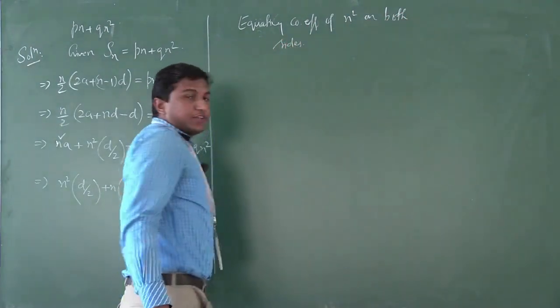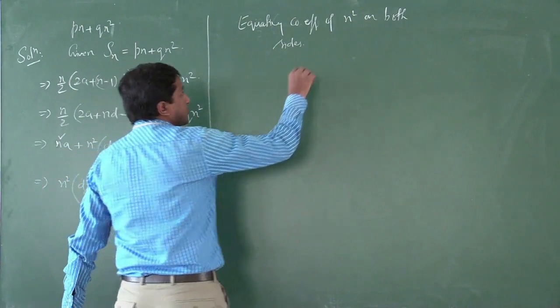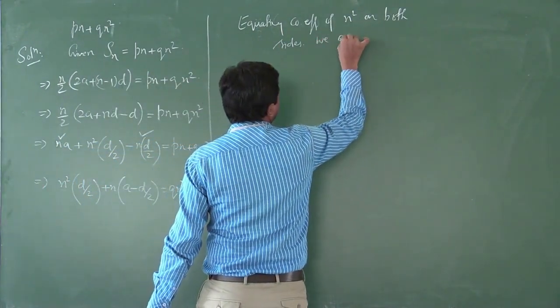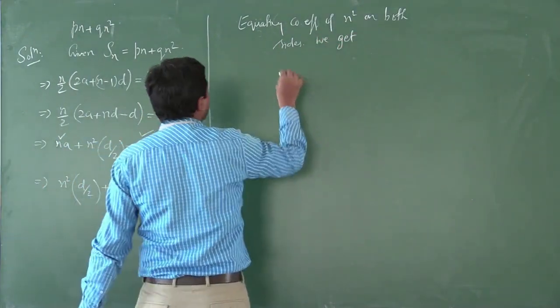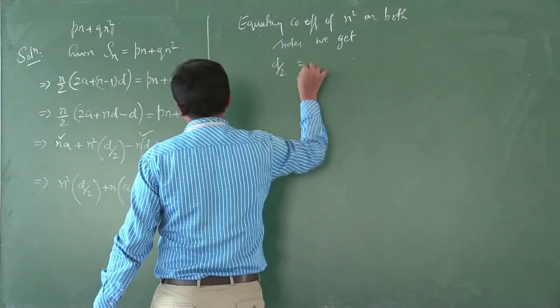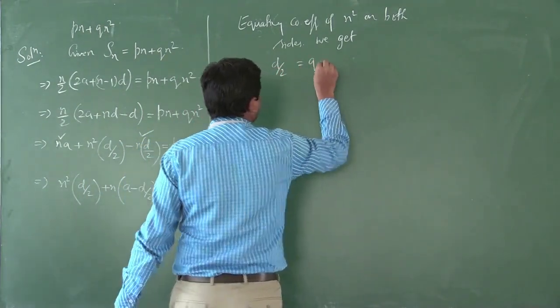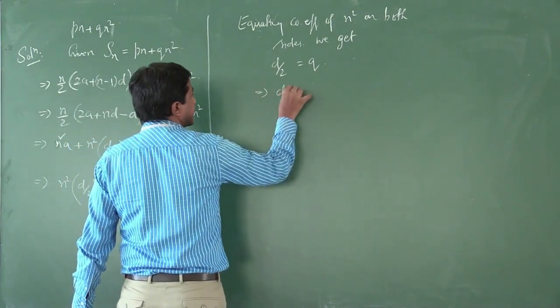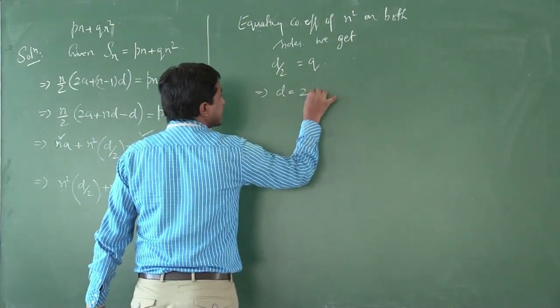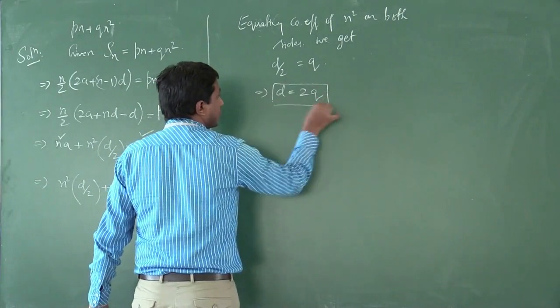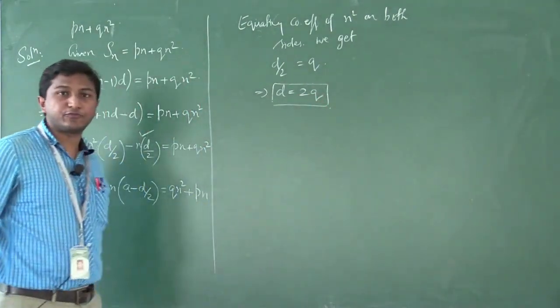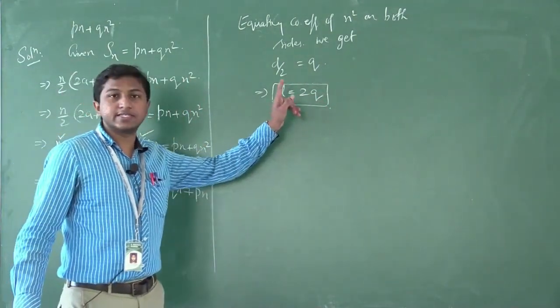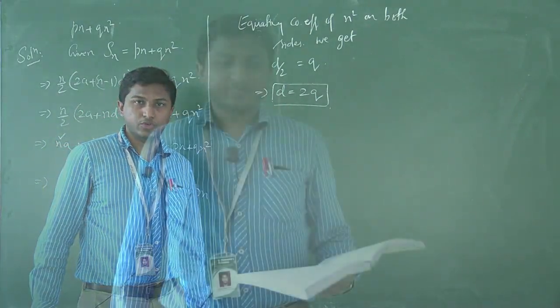Equating the coefficient of n square on both sides, we get d by 2 equals q. On further simplification, I can write this as d equals 2 into q. So what is the common difference of this AP? It is 2 into q.